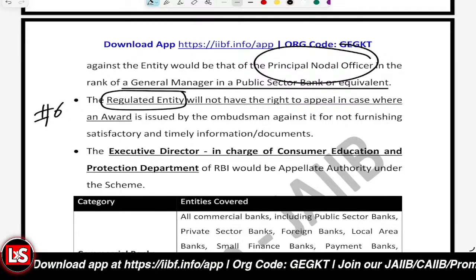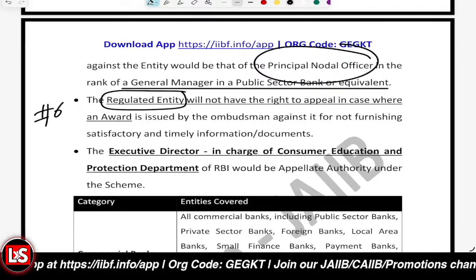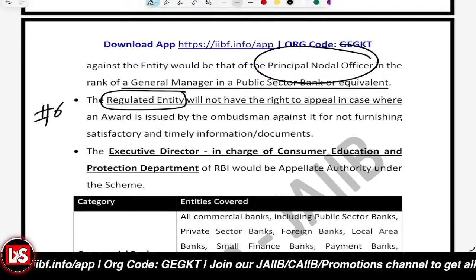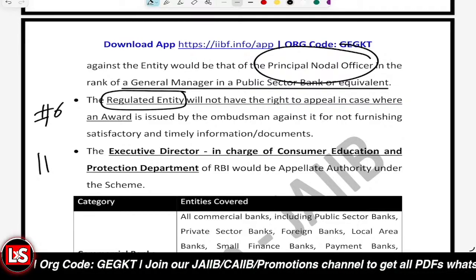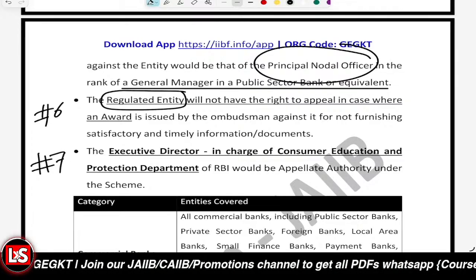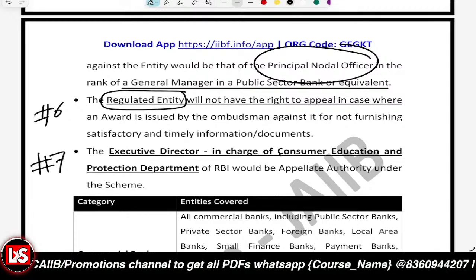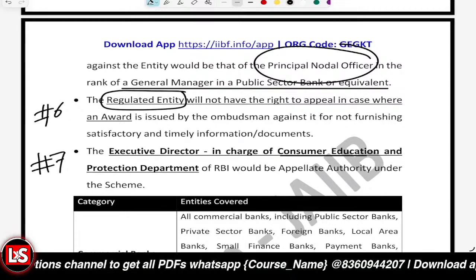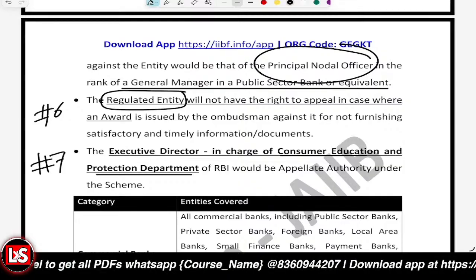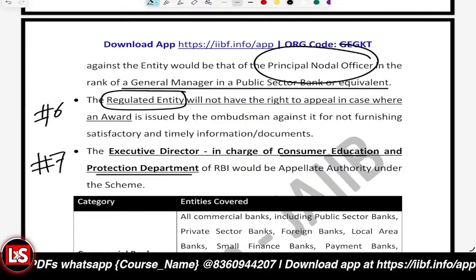Then the regulated entity cannot appeal. And who will be the appellate authority? As I told you, the CEPD. The executive director in charge of the Consumer Education and Protection Department would act as the appellate authority.